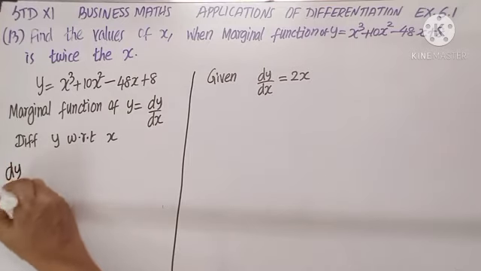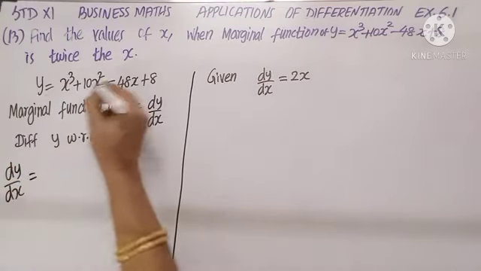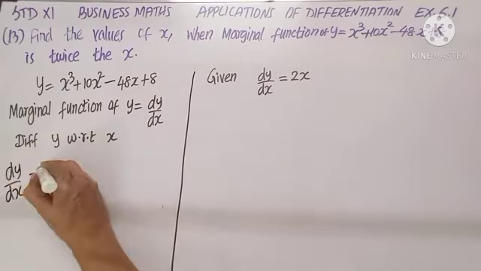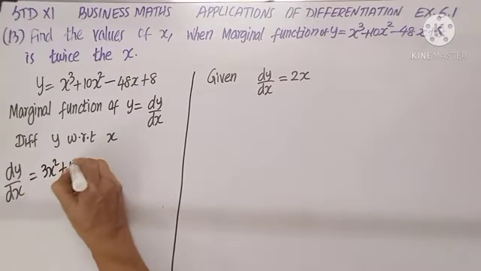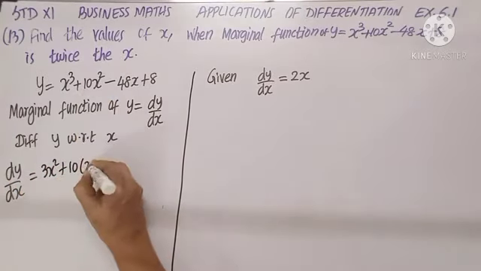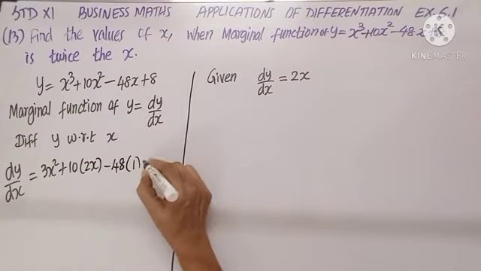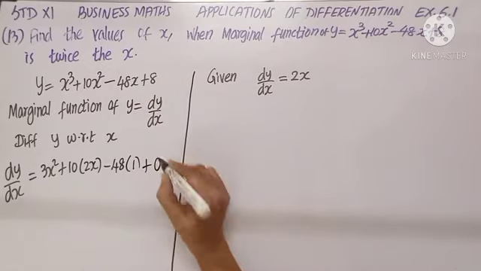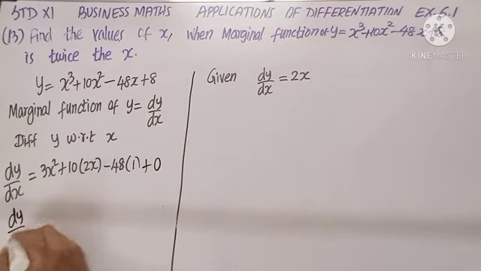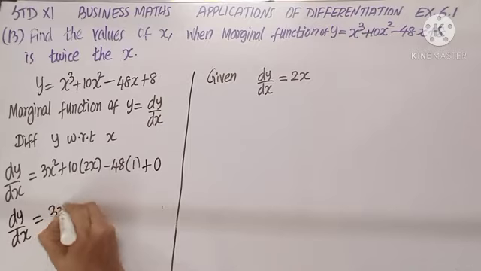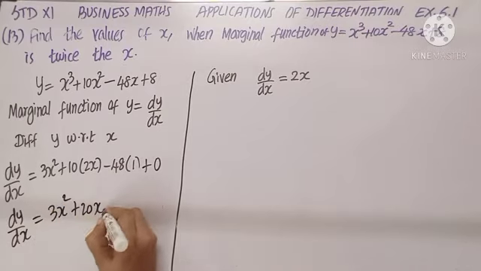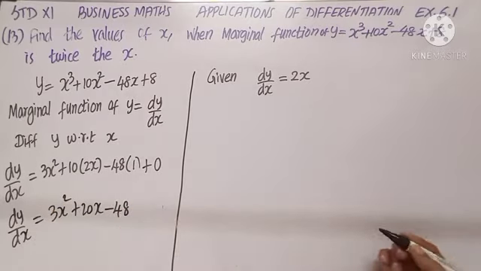As I differentiate, x cube is 3x square plus 10 into x square is 2x, minus 48 into x becomes 1, plus 8 constant becomes 0, or dy by dx equals 3x square plus 20x minus 48.